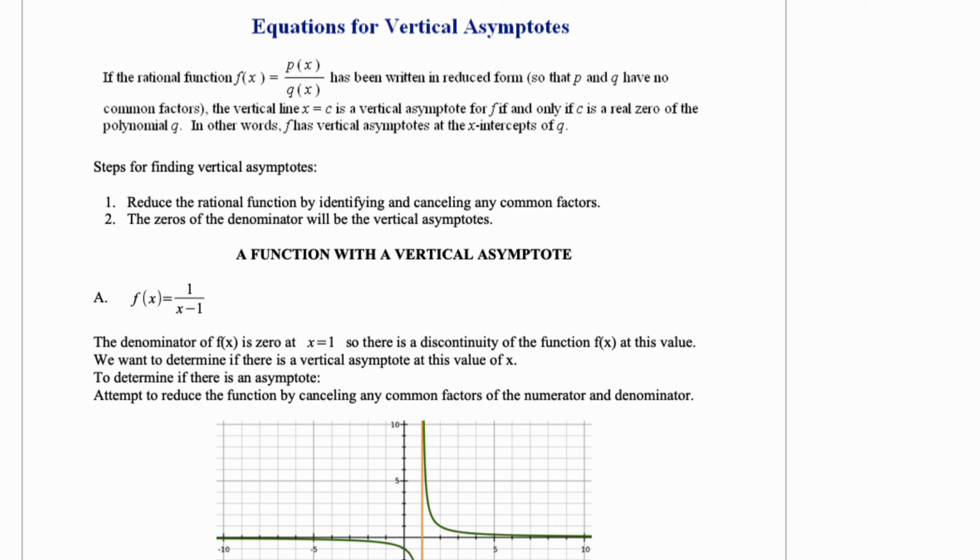It says that if we're able to take a rational function and write it in reduced form so that all the common factors have been removed, then there will be a vertical line at x equals c if and only if c is a real zero of the denominator.